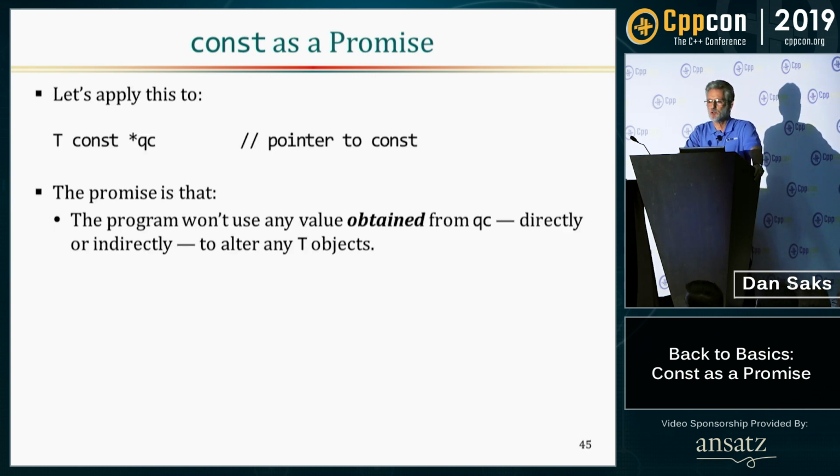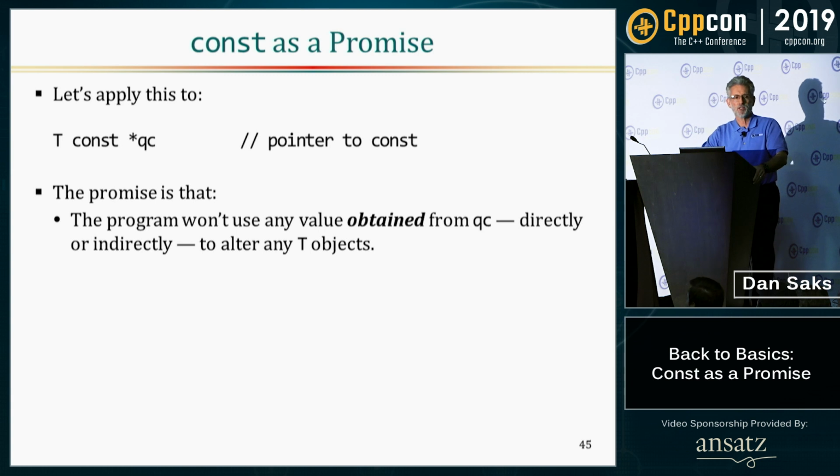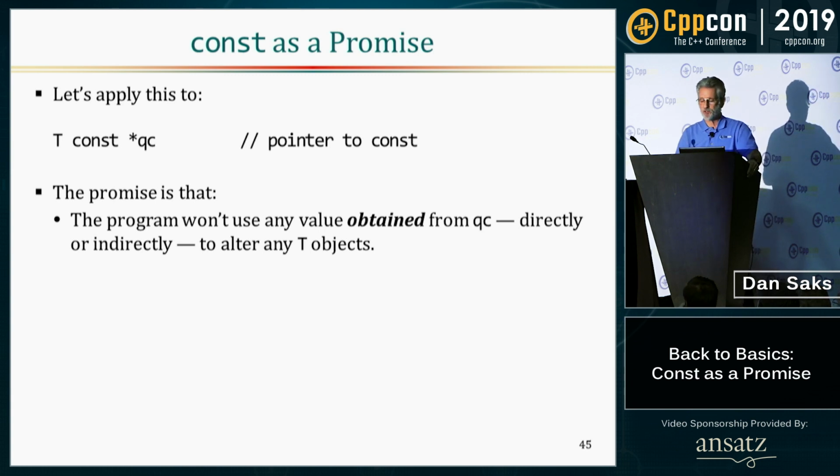So let's apply it to this specific declaration. We have QC as a pointer to a constant t. What is the real nature of the promise here? The real nature is that the program says, I won't use any value obtained from QC, directly or indirectly, to alter any t objects.